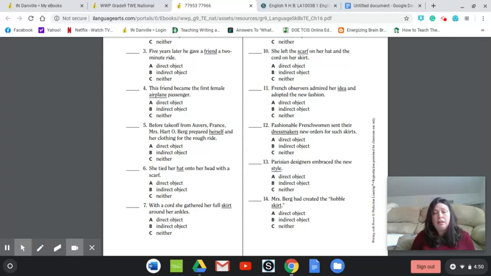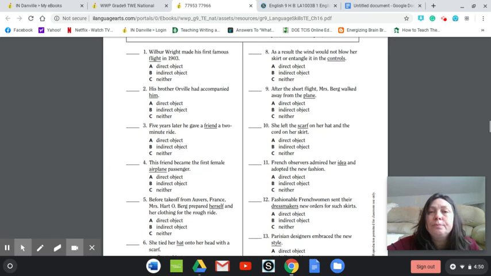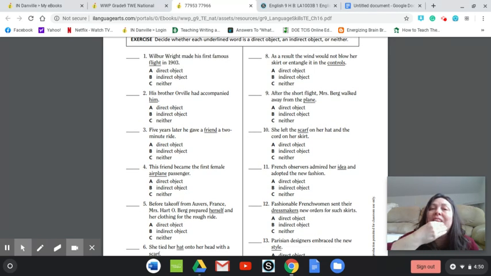She gathered what? Her skirt. So 7 is direct object. Number 8 is neither. Why? Because it's a prepositional phrase, in the controls. Look, number 9, from the plane. It's neither.